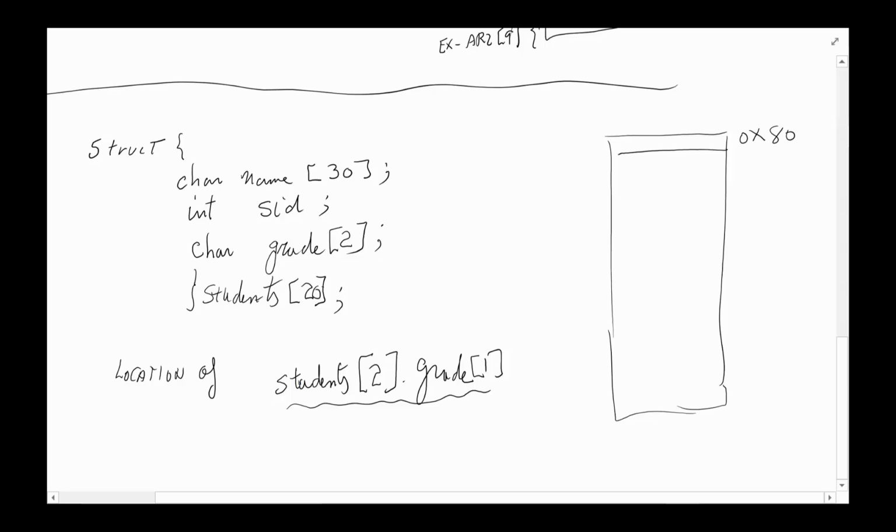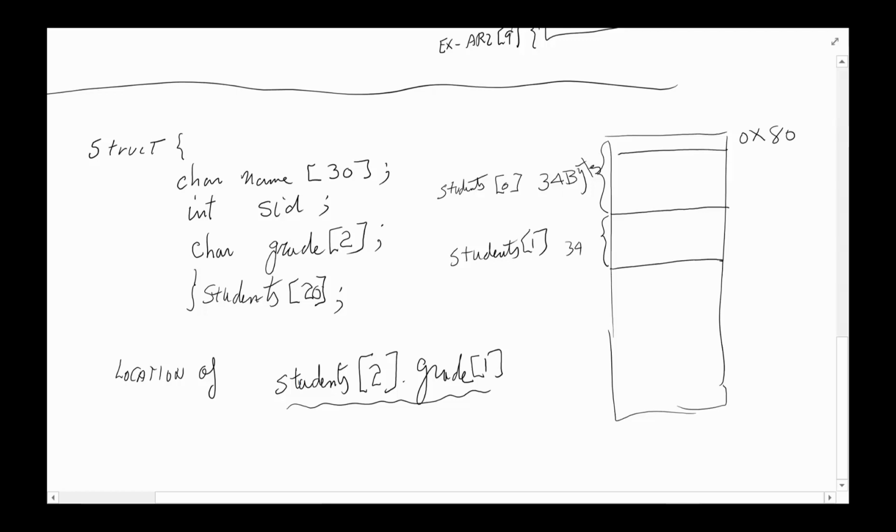So we know that this starts here. We know each struct is going to take 34 bytes, and I have to go through students 0, then I have another 34 bytes, which is students 1.